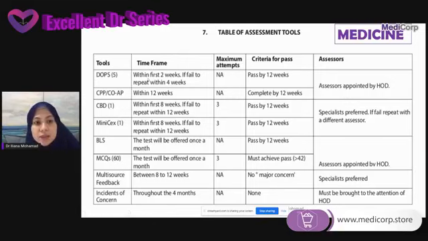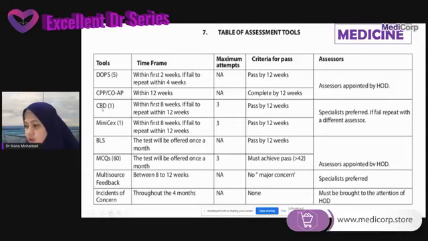Means within the first 2 weeks, you need to be able to perform this procedure competently and safely, okay. Next is your compulsory perform or compulsory observe procedure. So within 12 weeks, 12 weeks means 3 months. Why 3 months? Because usually towards the end of 3 months, you will need to submit your logbook, okay.